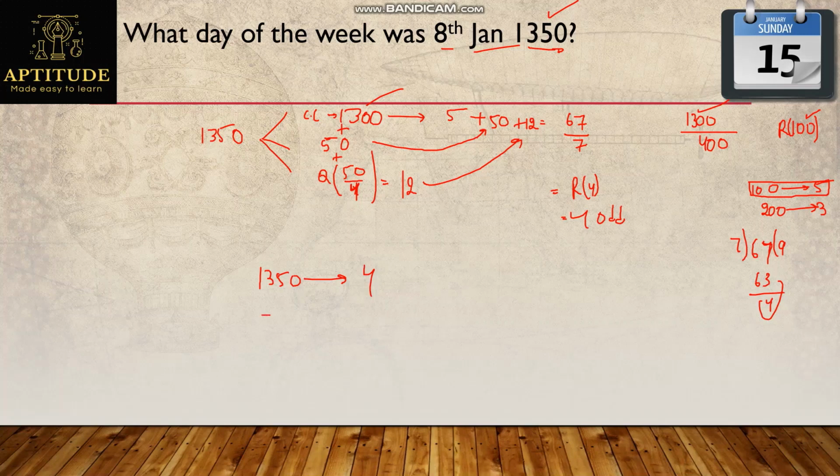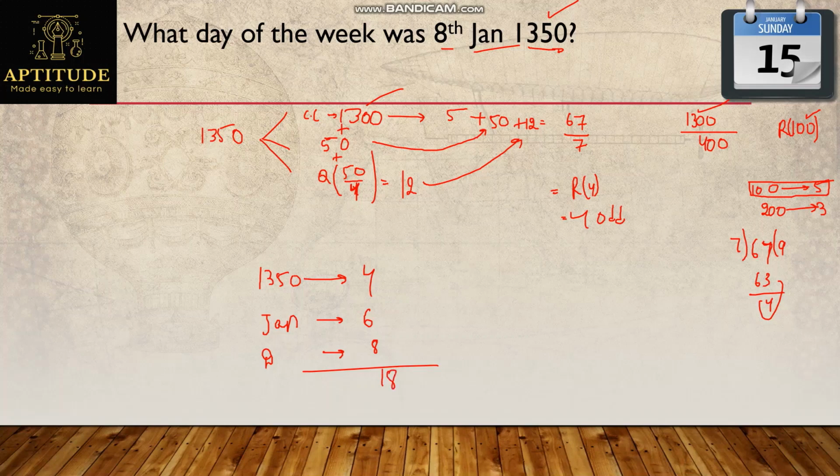Now, what is the month? January. Is 1350 a leap year or a normal year? Obviously, it is a normal year, because it is not exactly divisible by 4. So as it is a normal year, the January month code will be 6. And what is the particular date they are saying? 8. Just check it. 6 plus 4 is 10. 10 plus 8 is 18.